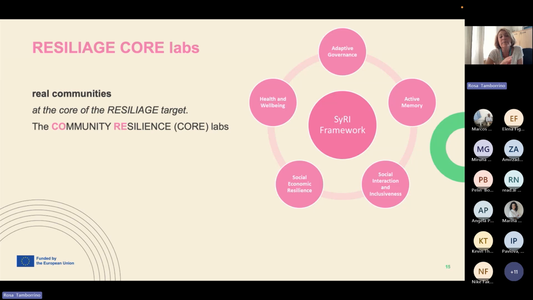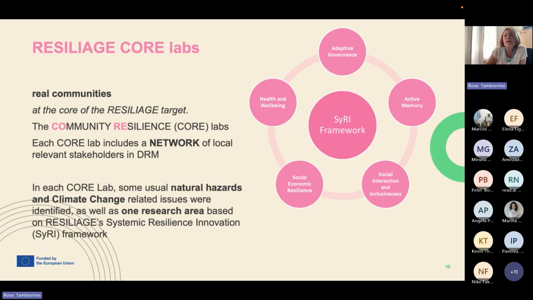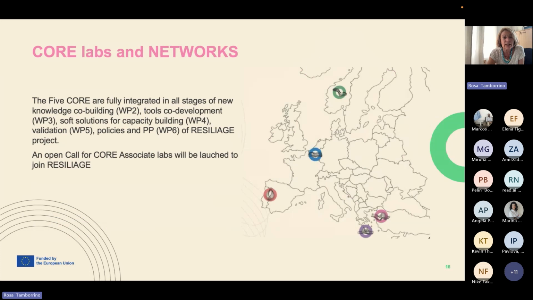We consider them community resilience laboratories, and we consider that each core lab includes a network of relevant local stakeholders, relevant in disaster risk management, and each core is related with this framework, to focus especially on this framework, but is related also with some specific issue related with disaster risk reduction.